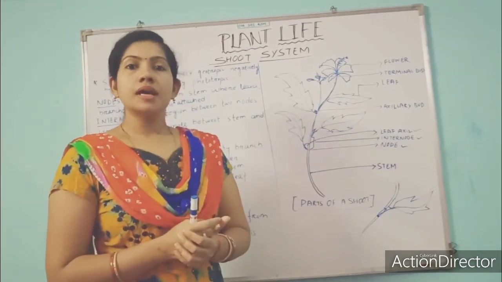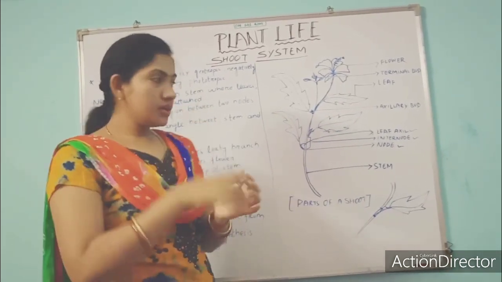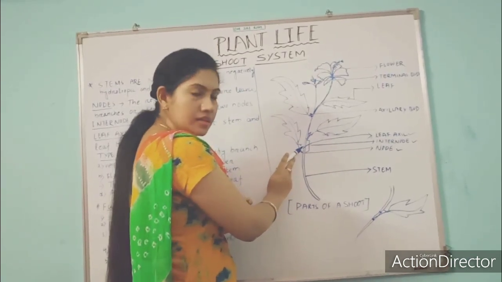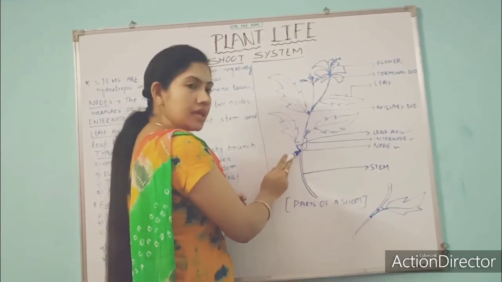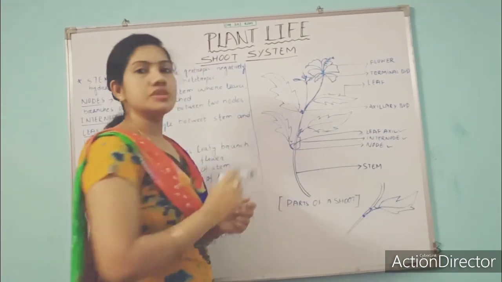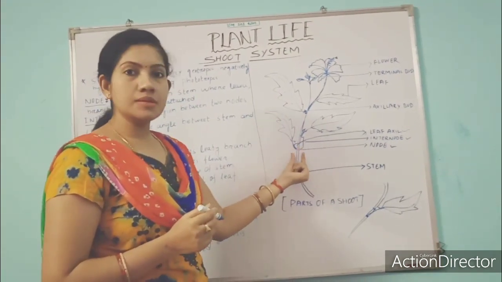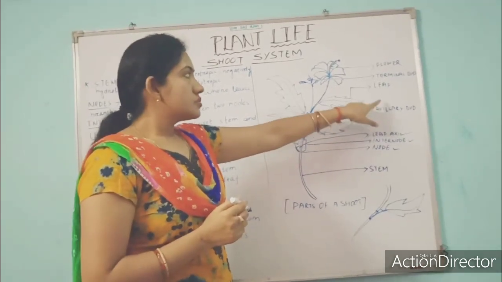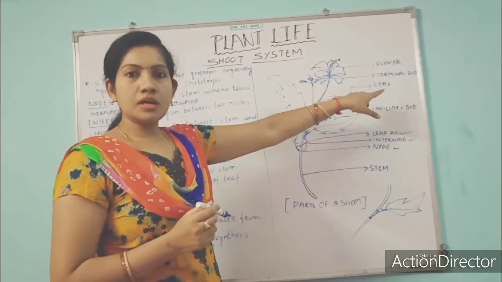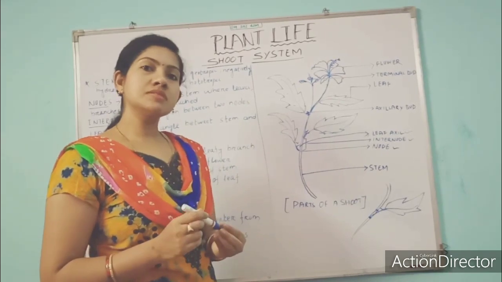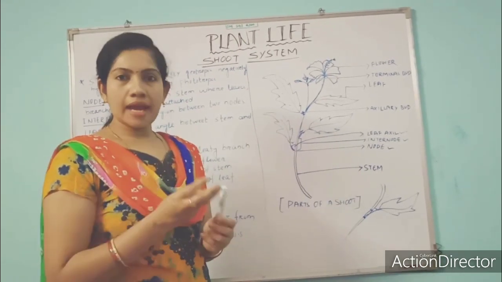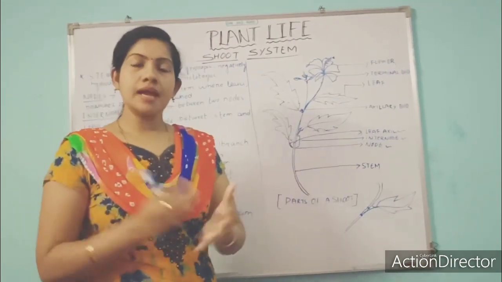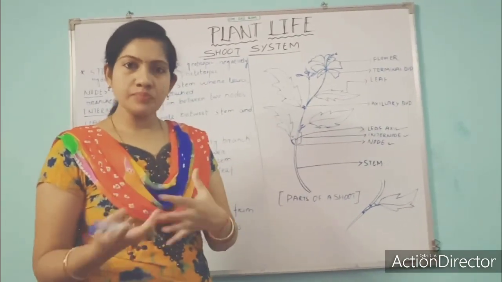Leaf axil. Leaf axil is what? It is an angle. You can see this is an angle in between the leaf base and the stem. We call it leaf axil. So if we talk about buds, there are two types of buds, vegetative buds and floral buds. Vegetative buds give rise to branches and floral buds give rise to flower.